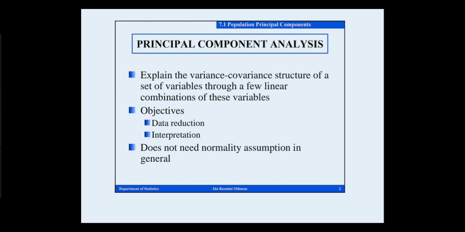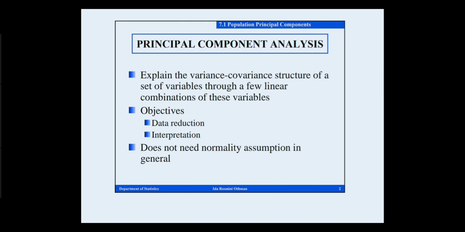Okay, we have a large set of variables, then we will use factors or components, called principal components. How can we do this? By looking for the intercorrelation of a set of variables.